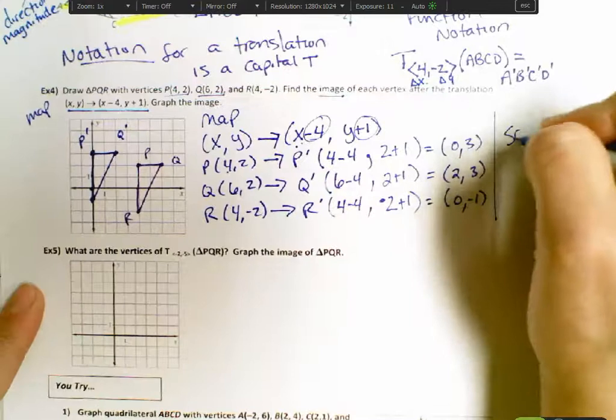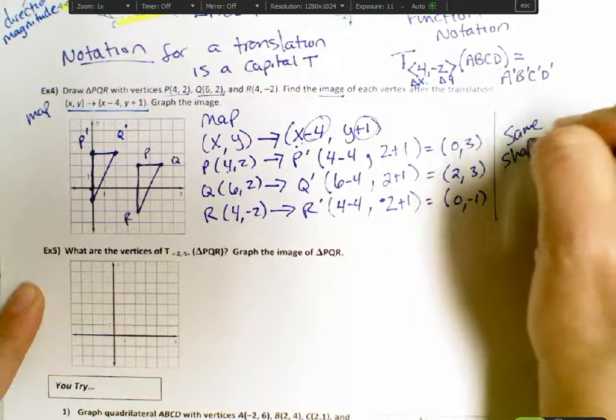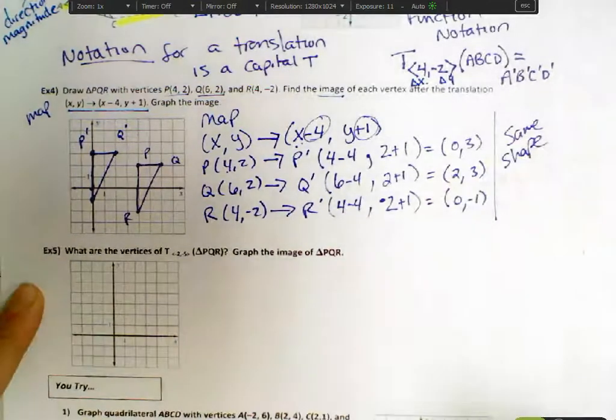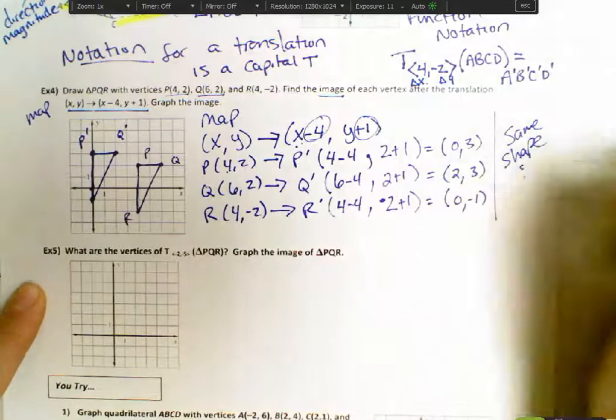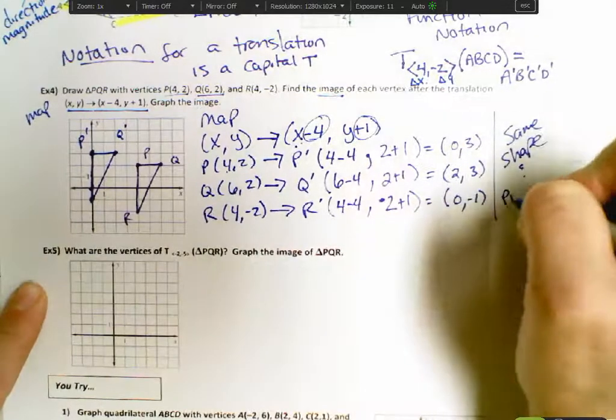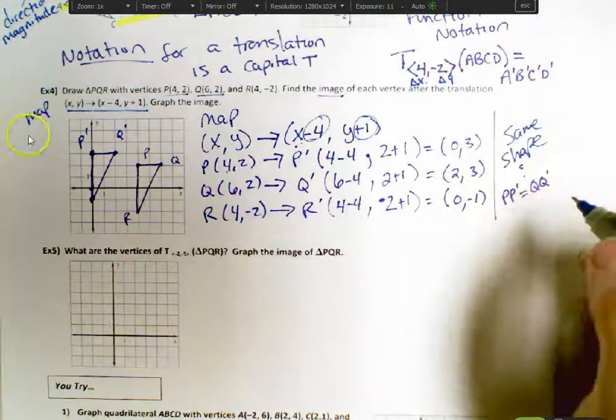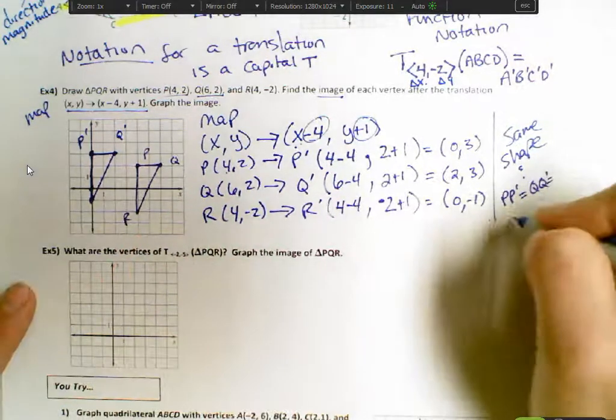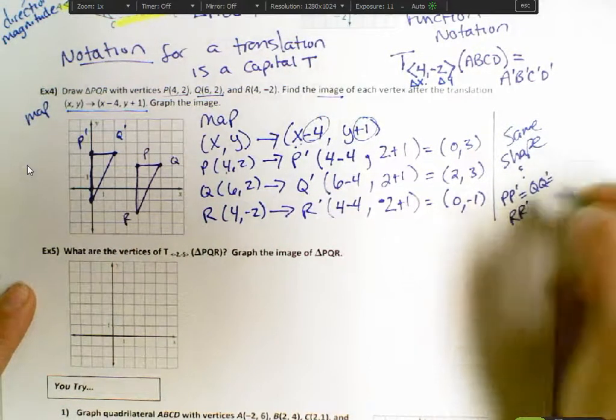So same shape, and I should get P P prime equal to Q Q prime equal to R R prime.